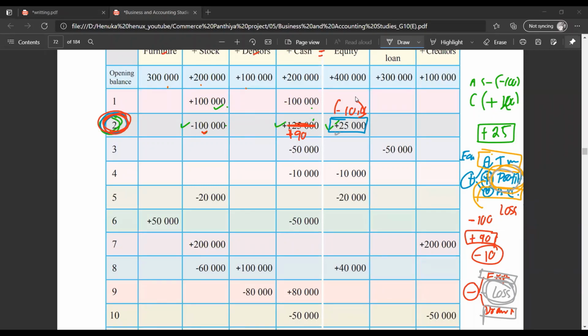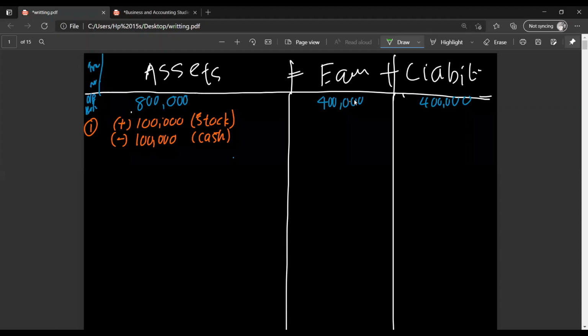Okay, now everyone must have a question: how do we apply this to ours? Right, so I'll tell you. 100,000 worth of, write this down too. 100,000 worth of stock, sorry, not cash, will be decreased.